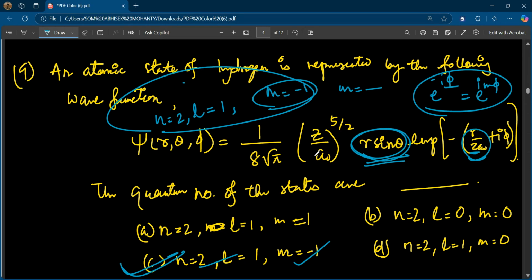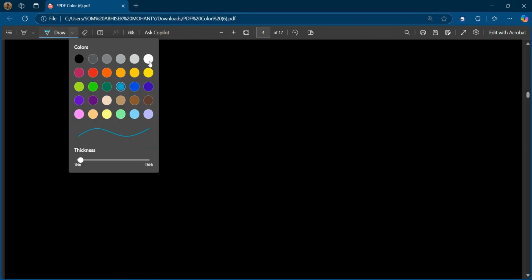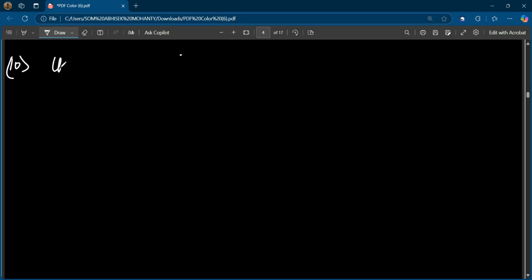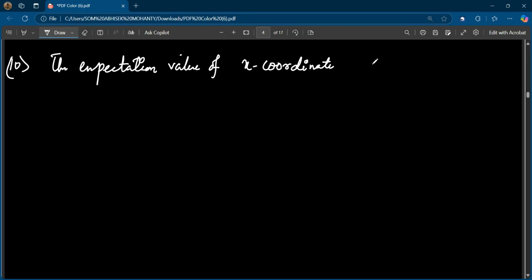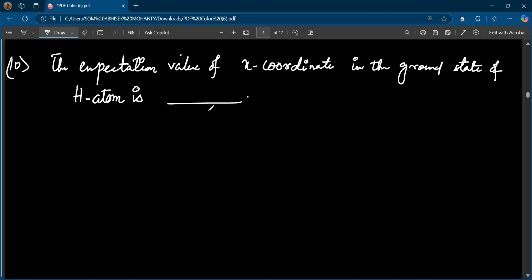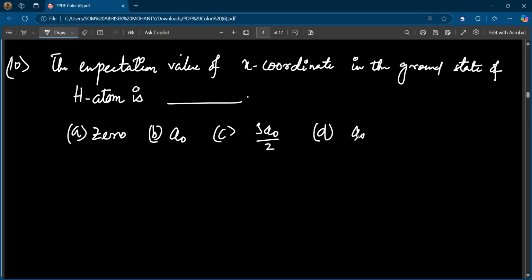Okay, next question. Basic question. The expectation value of the x coordinate in the ground state of hydrogen atom is: option A, 0; option B, a naught; option C, 3 a naught by 2; option D, a naught by 2.